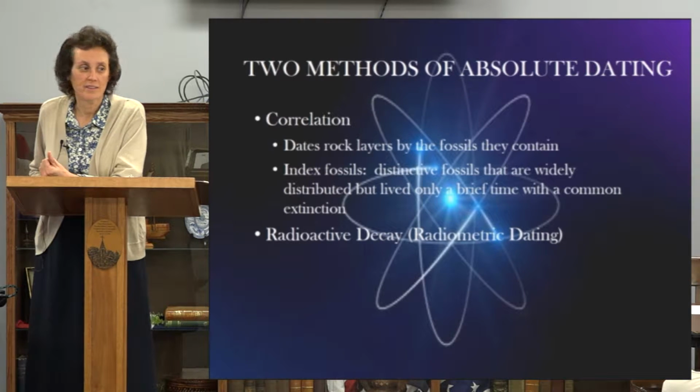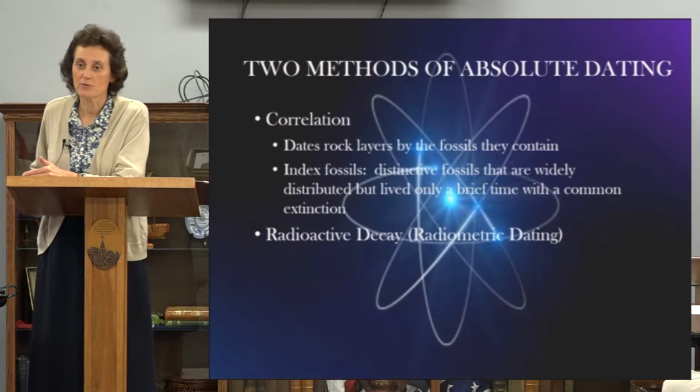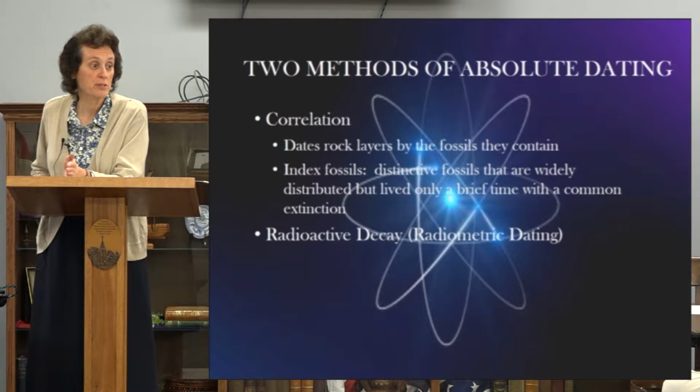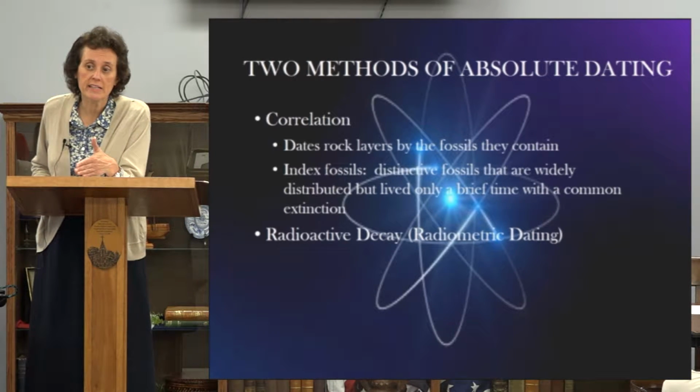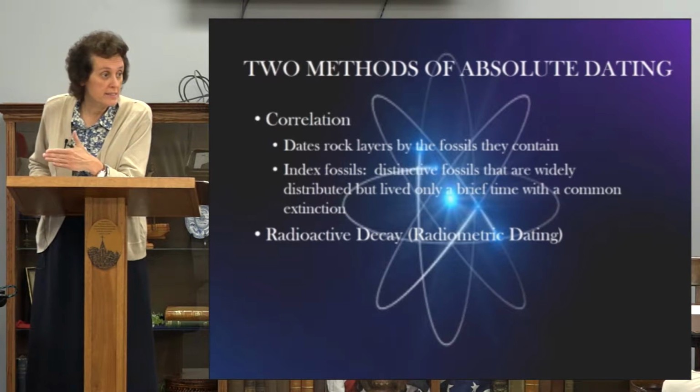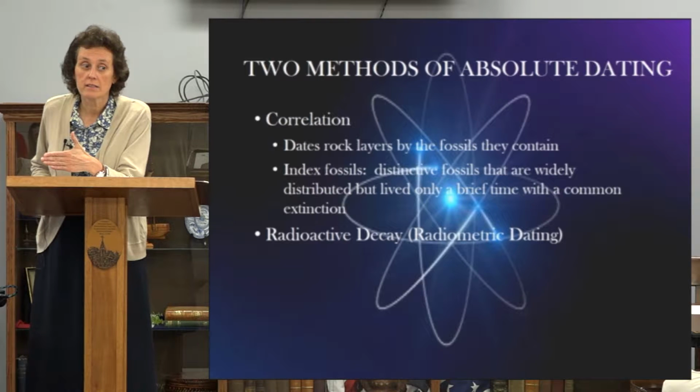No. We'd look up in our compendium and see what index fossil it's associated with, and then we would date it at such and such million years. It's still considered absolute date, because the difference between relative dating and absolute dating is relative just assigns order, absolute assigns a what?